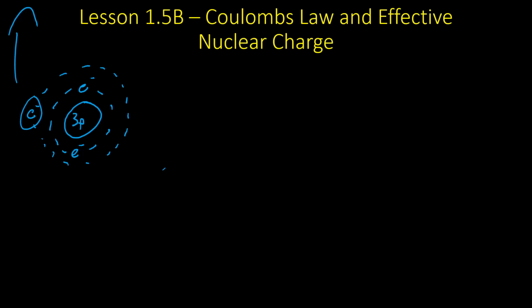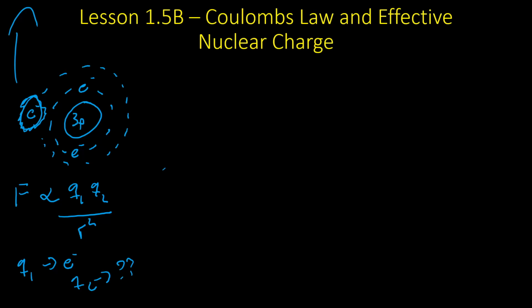Okay, well, let's see. That proportion for Coulomb's law is going to be Q1 Q2 over r squared. Q1 we can obviously call the electron. Why? Because that's the particle we're dealing with. It is this electron right here. But then Q2, what does that become? Do we assign it to another electron, say this electron right here in the energy level, or what do we do?